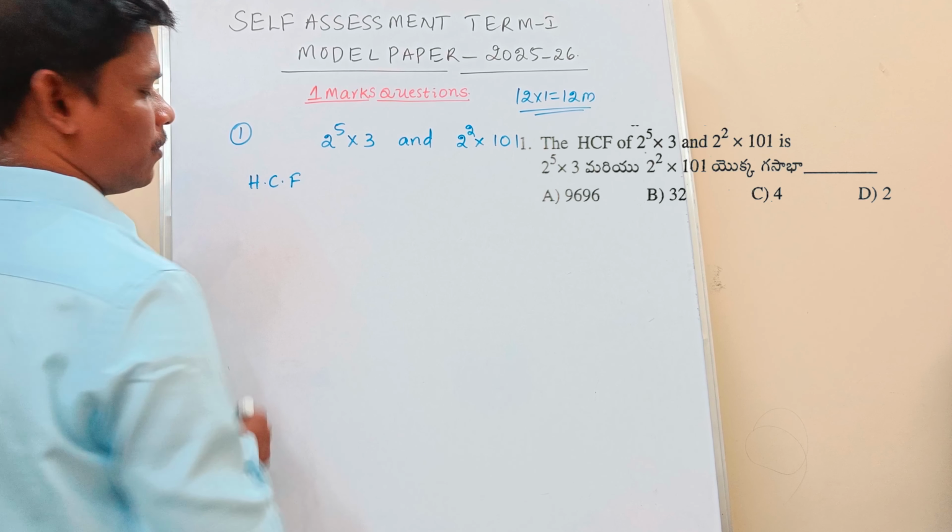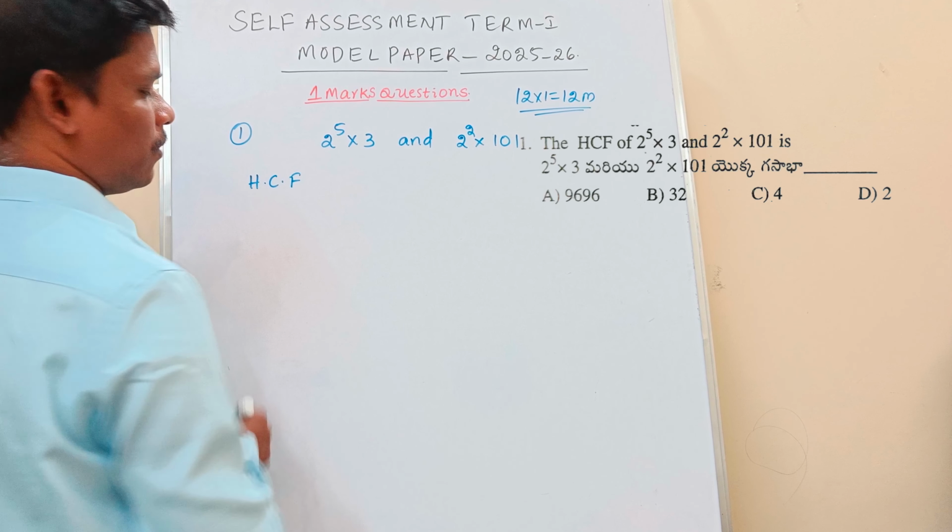You have to find out the HCF. So in these two numbers, what is the common prime factor? This is the common prime factor, here 2, here 2.